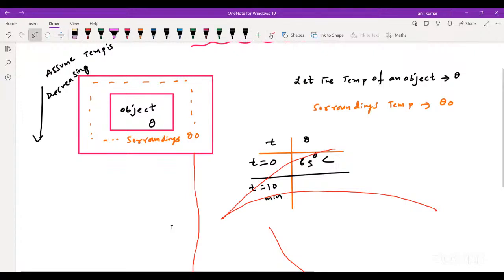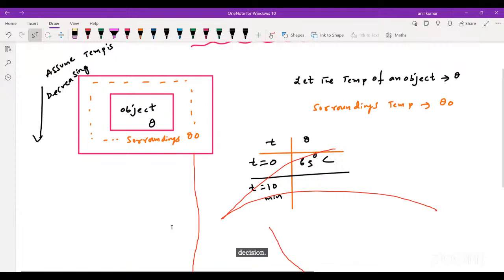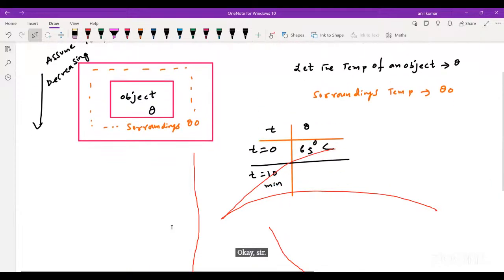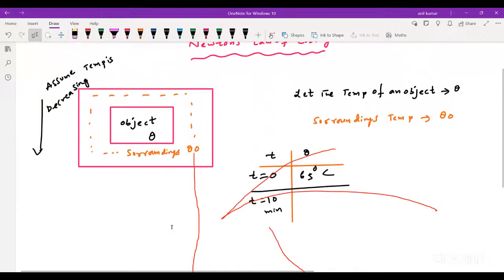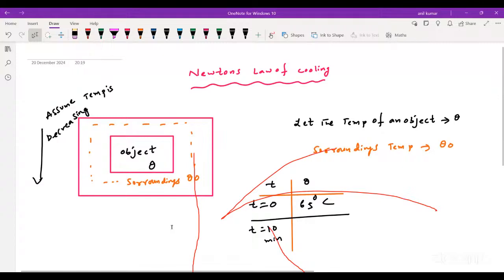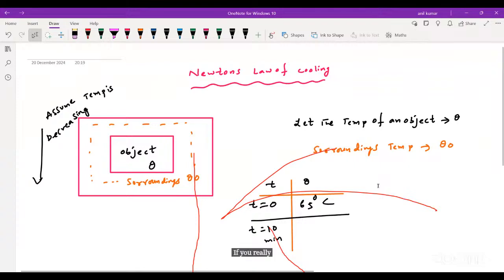Ma'am, a few fellows are going to disturb the session. Dear all, we are here to transfer the knowledge I have, not to punish or scold anyone. If you are not interested, you may leave, but don't disturb the class.